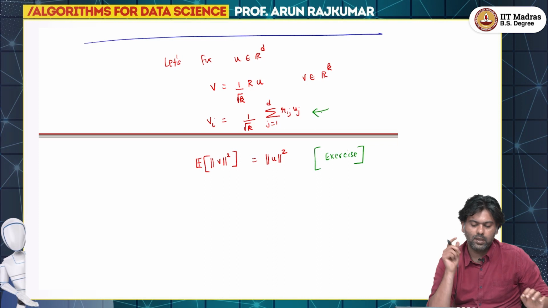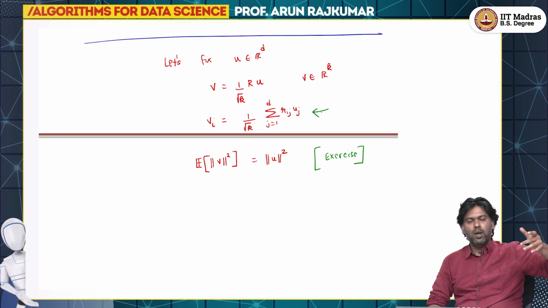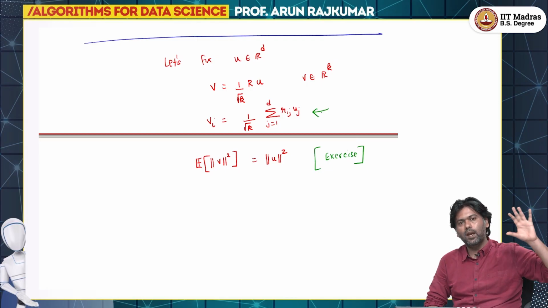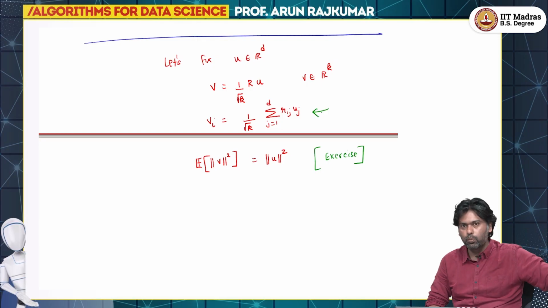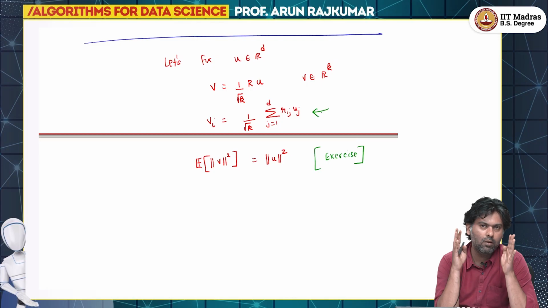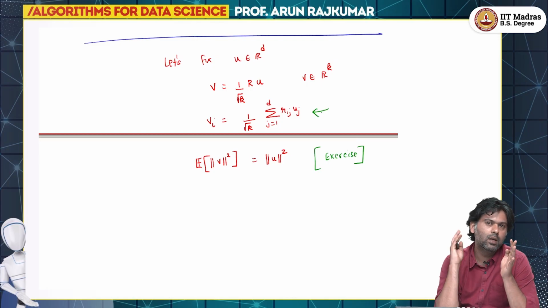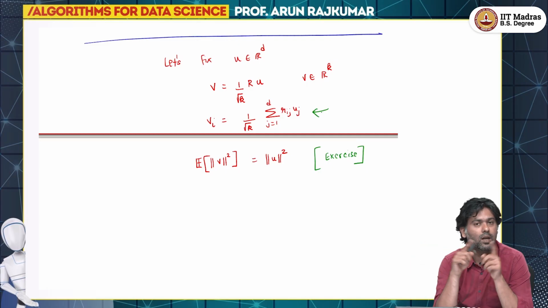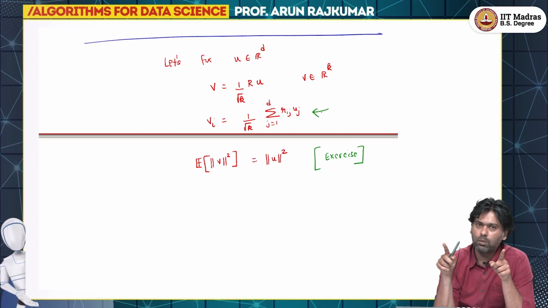So, essentially what we are saying is that after I do this map, on an average the length is exactly the same. Now, contrast this with what we had originally dismissed as impossible. We said that you cannot have a rectangular matrix of dimension k cross d, where d is much larger than k, and then multiply it with a d dimensional vector to get a k dimensional vector such that the lengths match. That is impossible. No rectangular matrix can achieve this.